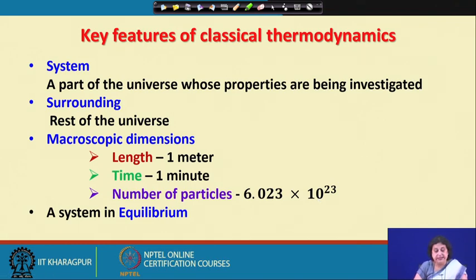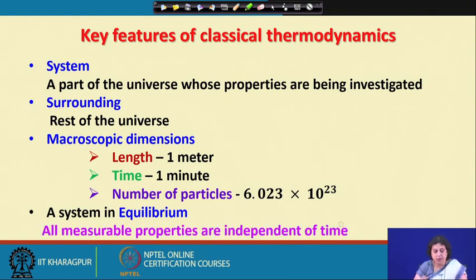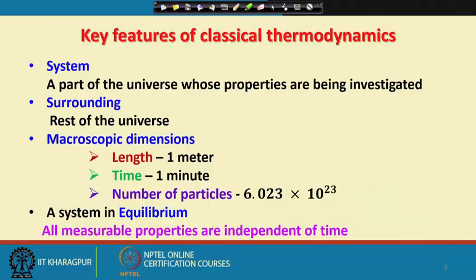Therefore, when any such system is in equilibrium, you are basically trying to make an observation or measurement of the system from time to time, let us say once every minute or maybe once every 10 minutes or so, and trying to measure some kind of property of that system that you are interested in.